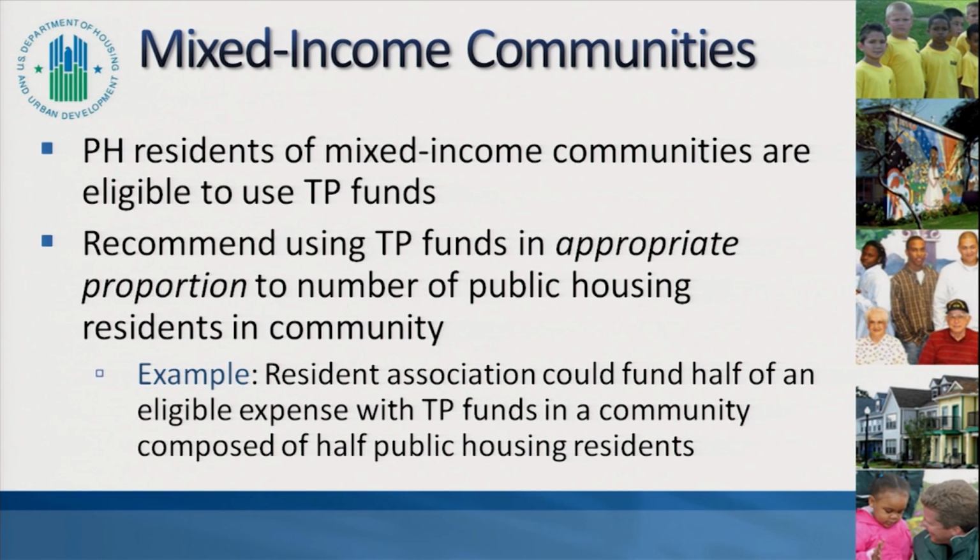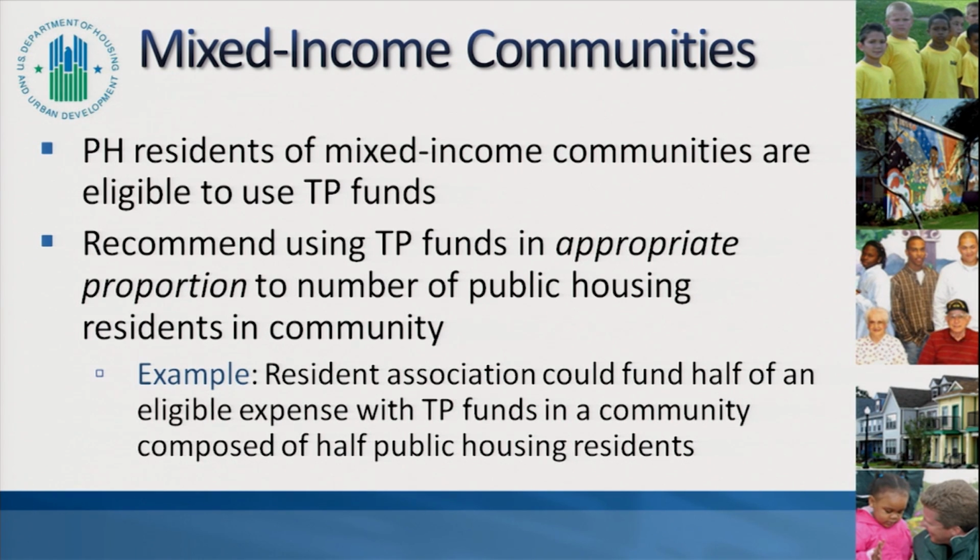So we recommend that the tenant participation funds be used in appropriate proportion to the number of public housing residents in that community. So, for example, we'll take a mixed income community, there's 100 residents there, 40 of them are public housing residents, and 60 of them are market rate or affordable residents, but they're not public housing residents.